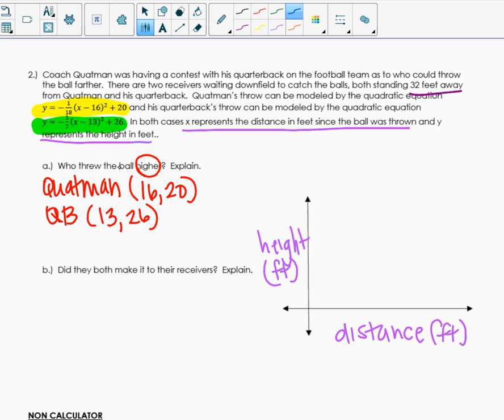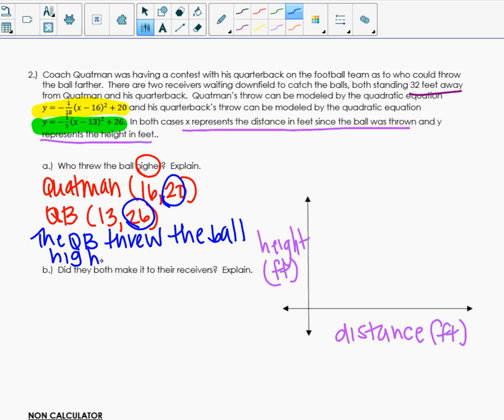Okay. Now, this question is asking who threw the ball higher. Well, if I'm dealing higher, the height in feet is my y, so I'm focusing on this. So I would say the quarterback threw the ball higher by 6 feet. You can never go wrong with more detail. Okay.